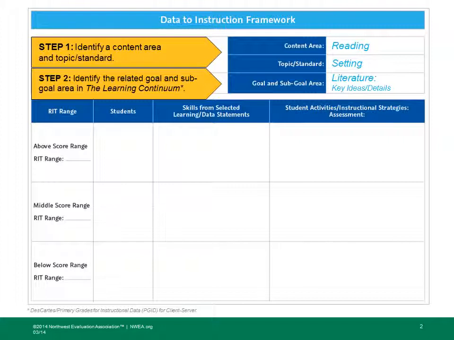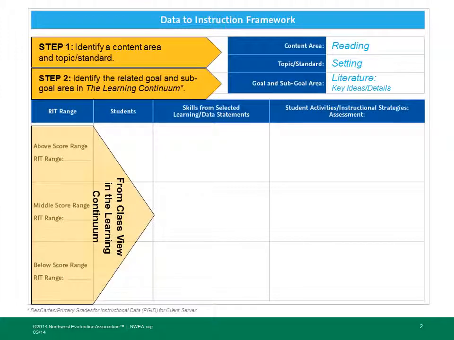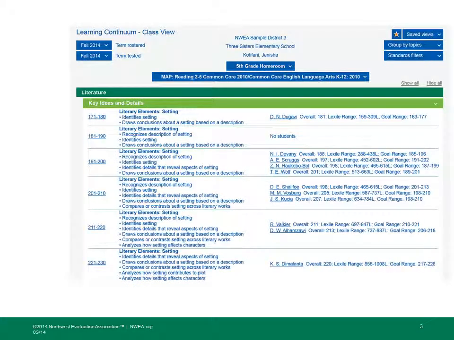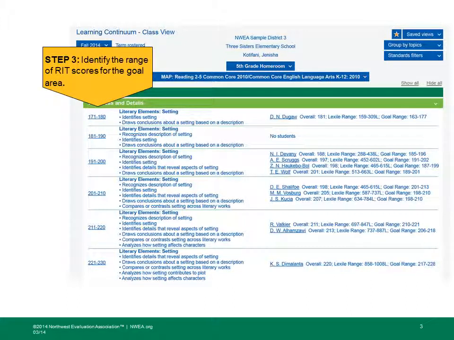So what happens next? Next, we go back to the class view and we look at the RIT ranges. So what do the RIT ranges tell us in this class view? Exactly. The range for this class is 171 to 230.